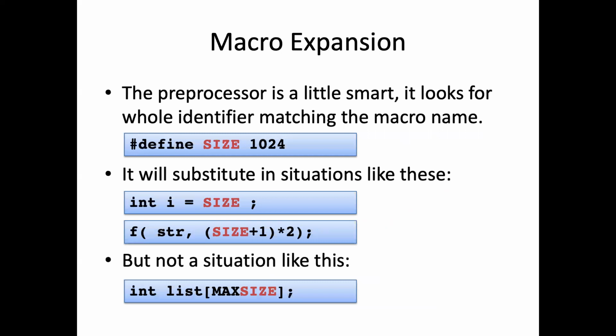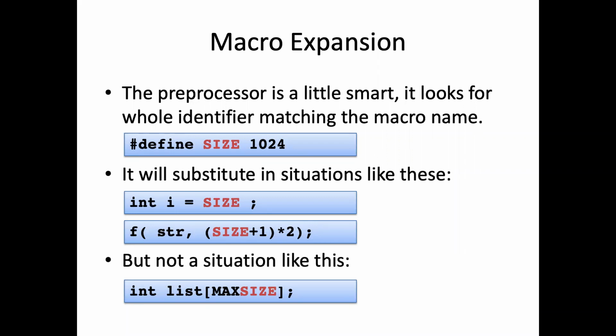The preprocessor is dumb, but it's not as dumb as it could be. When it's doing macro expansion, this text-based substitution, it's expecting a whole token over on the left, size here. It's not just looking for the string size and replacing it arbitrarily. It knows what tokens are, at least in the language.